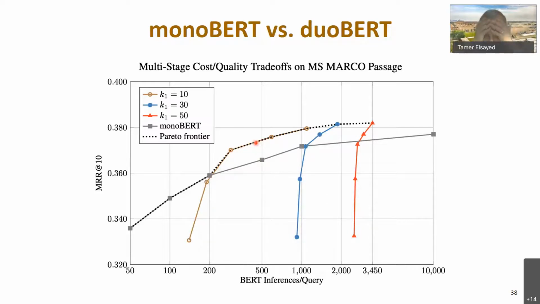What I wanted to say here, maybe it's not very clear, is that sometimes you can reduce the number of documents that MonoBERT will take and play with the number of documents that DuoBERT will take, and you might get even better results doing that.